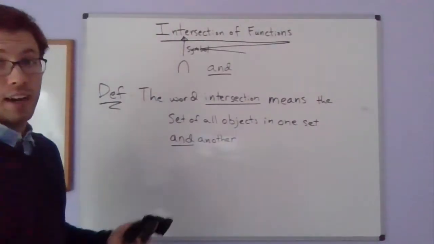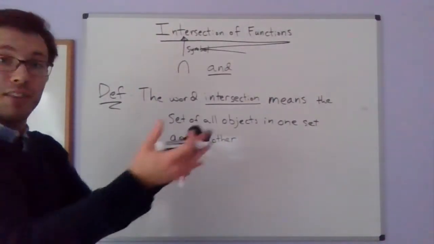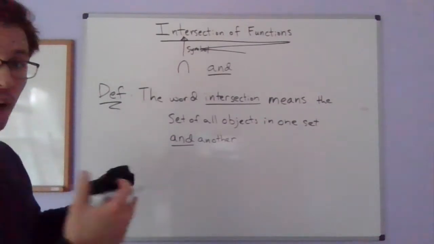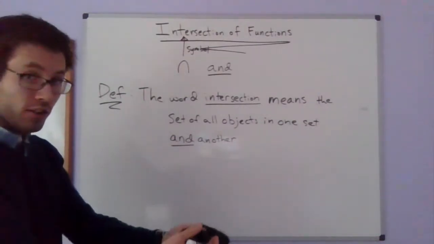So you're given two sets. It could be A and B, it could be C and D. It's the set of all objects in one set and the other set.